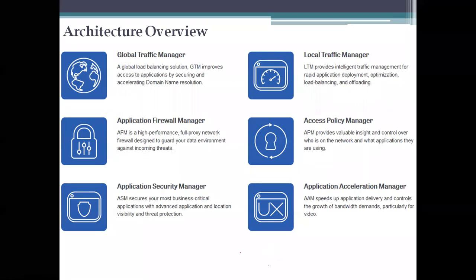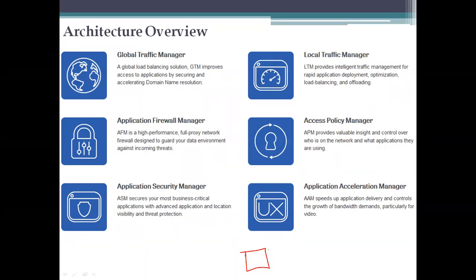F5, as I said, is available in multiple modules. You can buy any F5 hardware, and on that hardware, whatever you want to run, you need to buy the license. If you want to use F5 as a load balancer, take the Traffic Manager. If you want to run F5 as GTM, or DNS for DNS entries, just like a Windows server is used for the DNS service, you can use F5 as DNS.